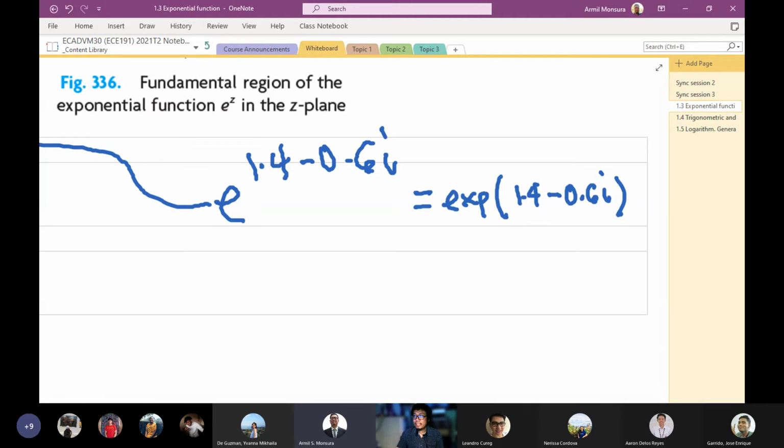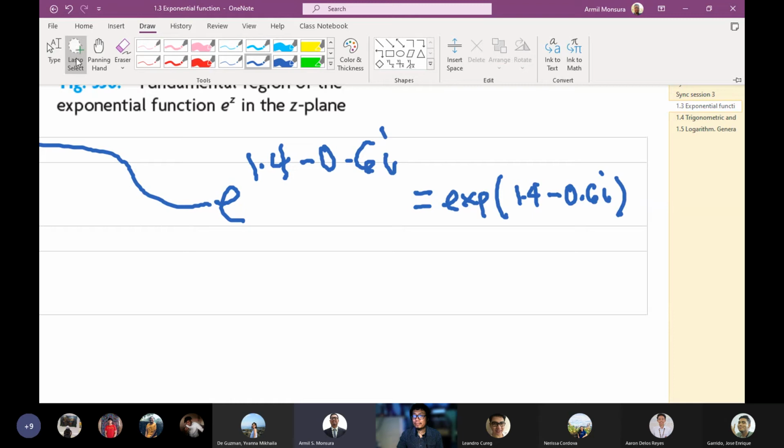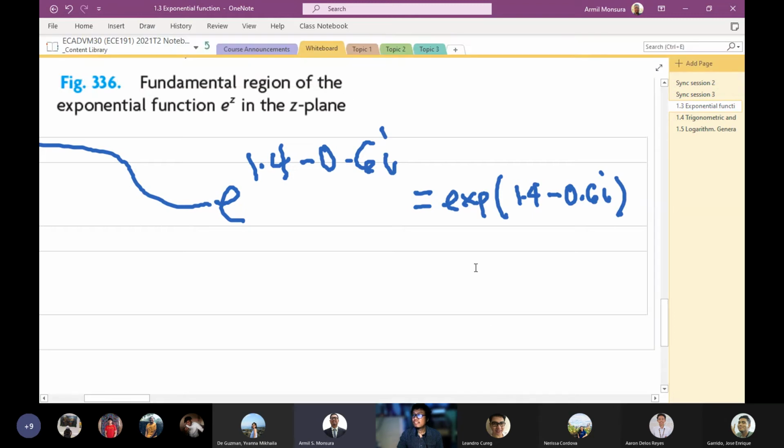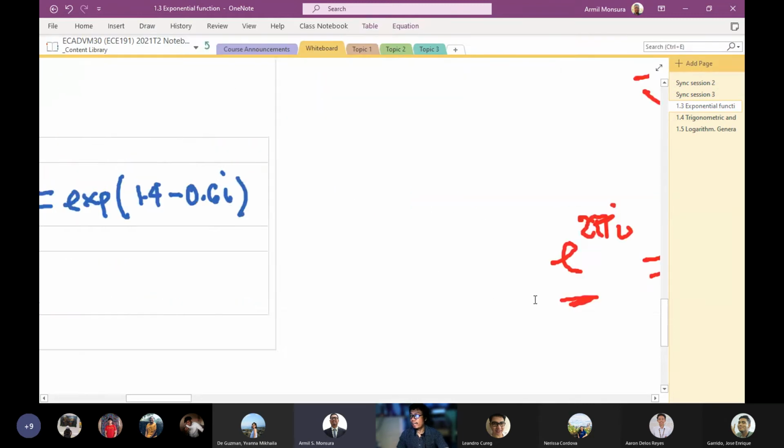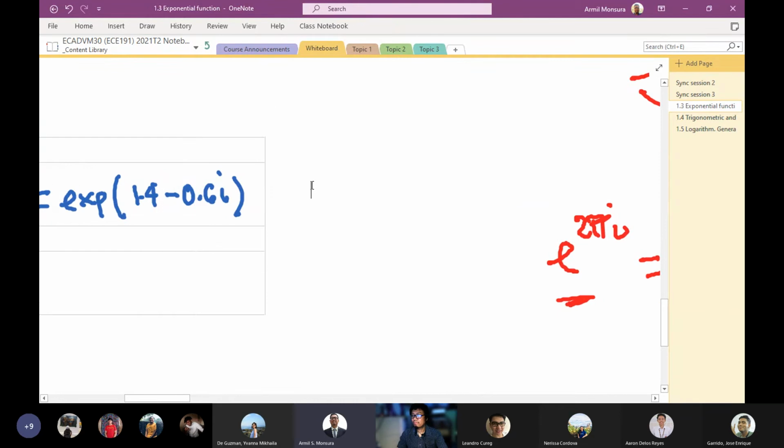Pag tinype ko yan ng tama, ganito lalabas yan. Type ko siya dito ha. That's exp of 1.4 minus 0.6i.